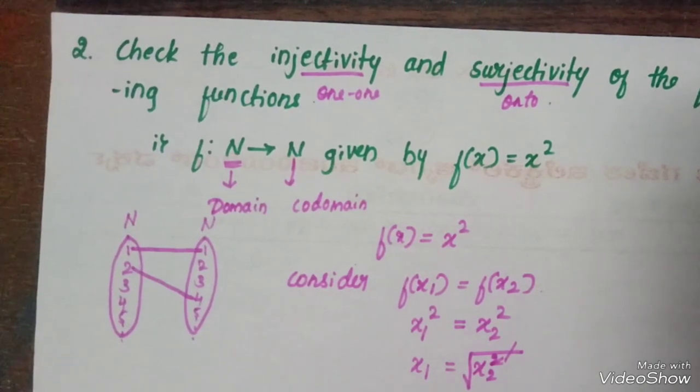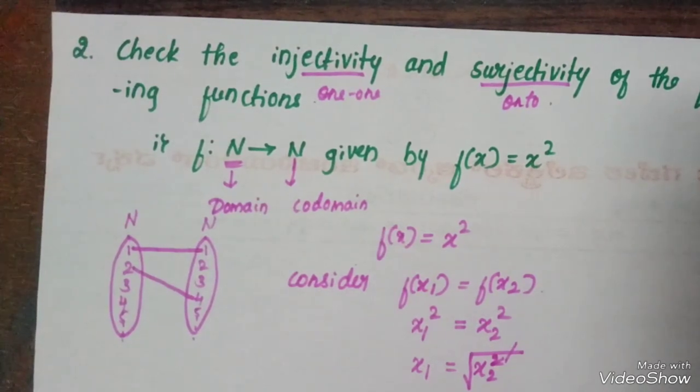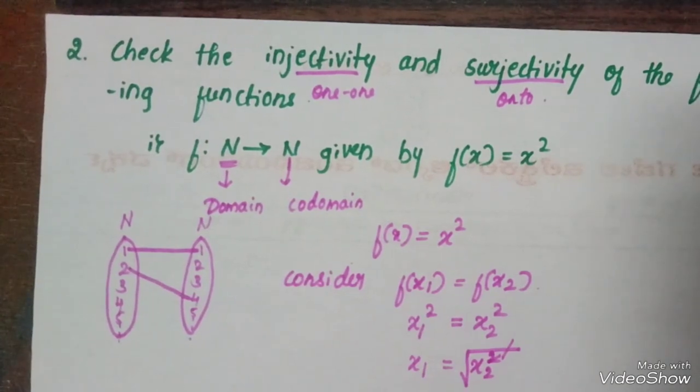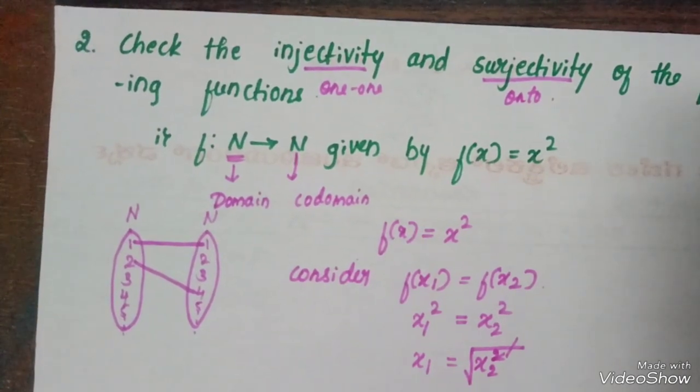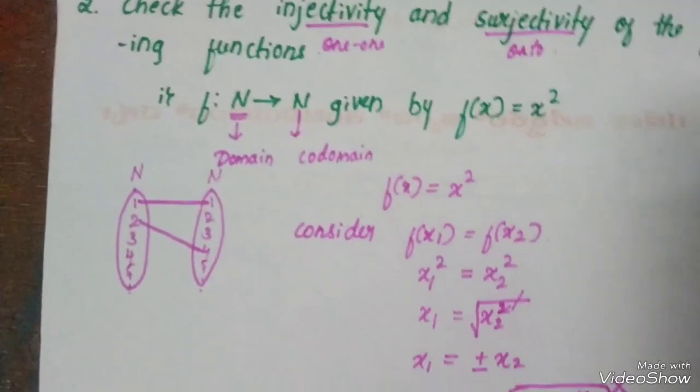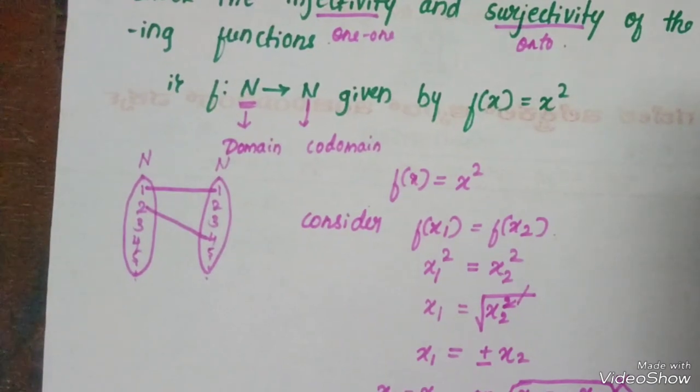Therefore, for natural numbers, we have to consider x1 equals x2. This is the result. Hence a function f from N to N is one-one.